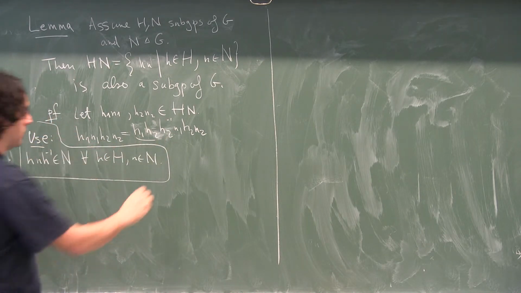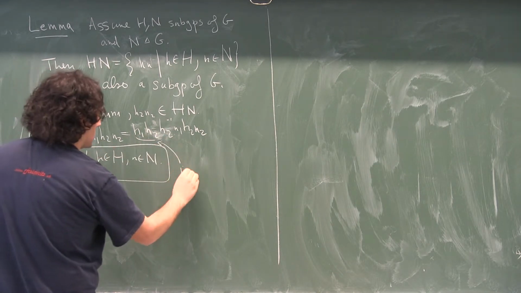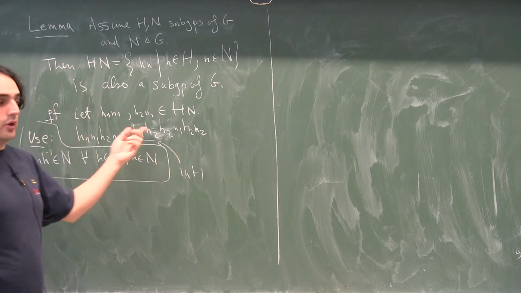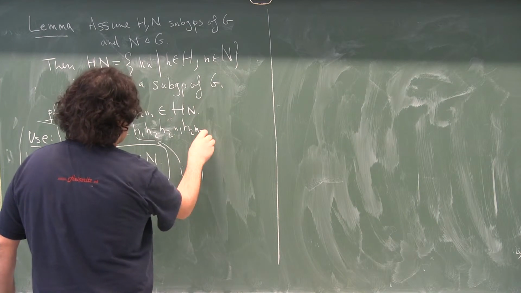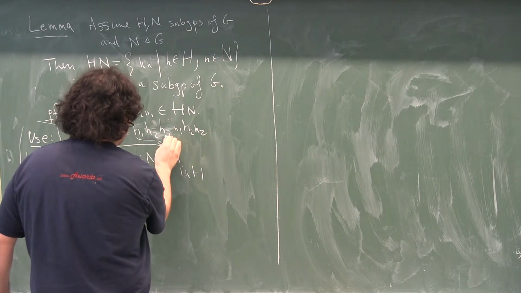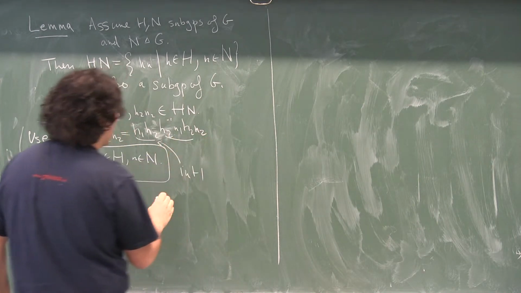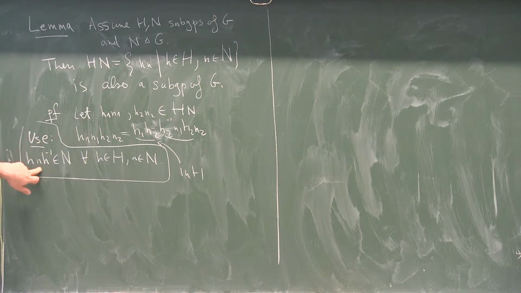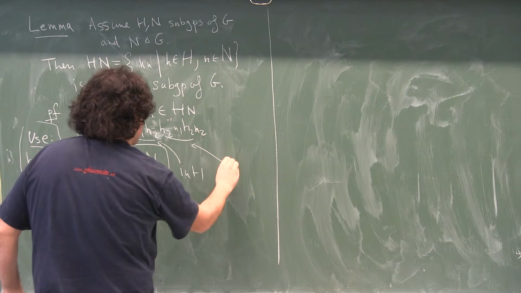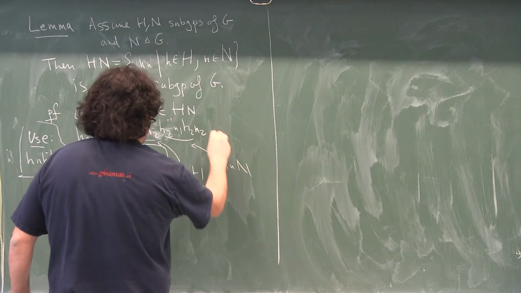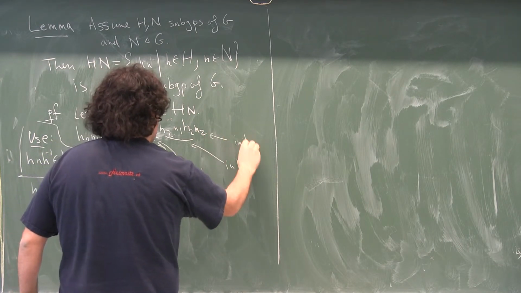This is in H, a product of two elements of H. Now, this n2 is an element of N, and this h2 inverse n1 h2 is of this form, where I have taken h to be h2 inverse. So this is in N, and this is in N.